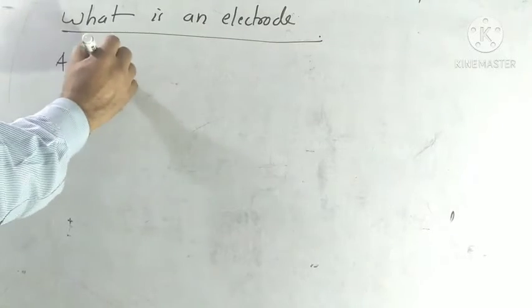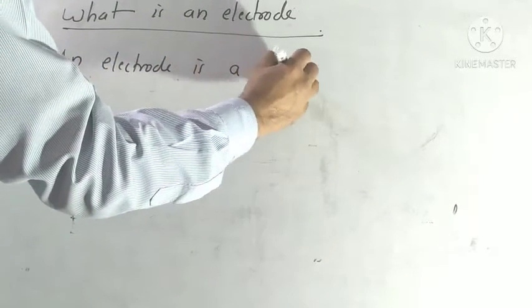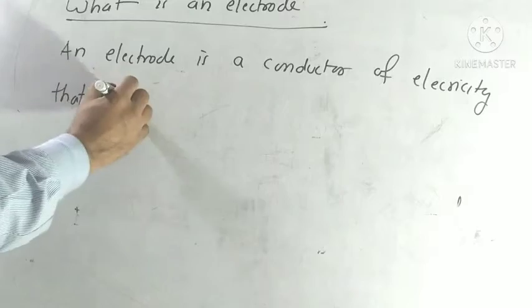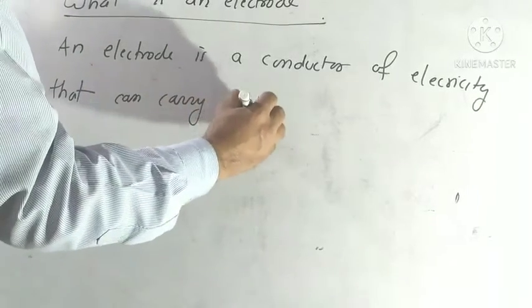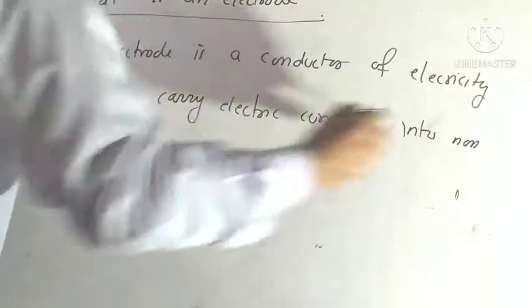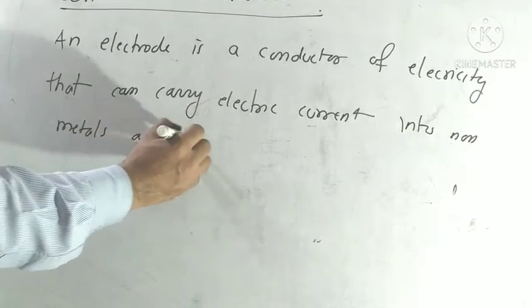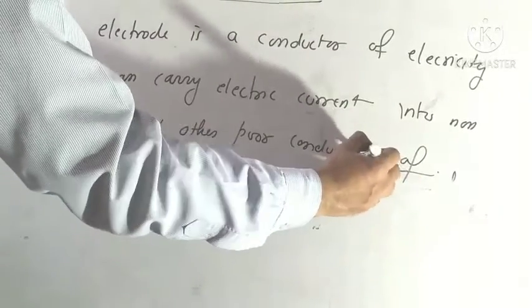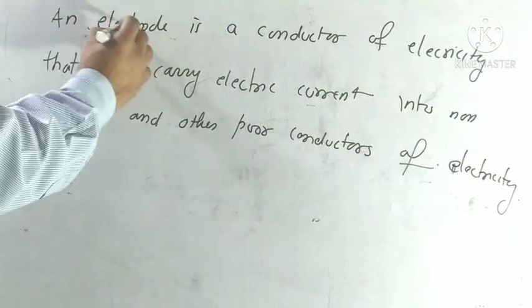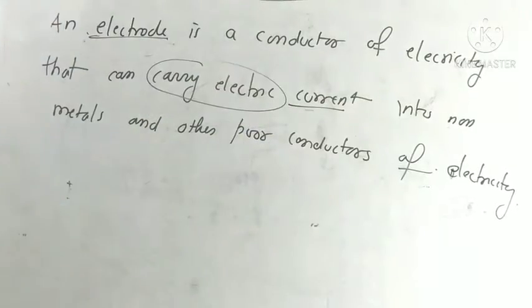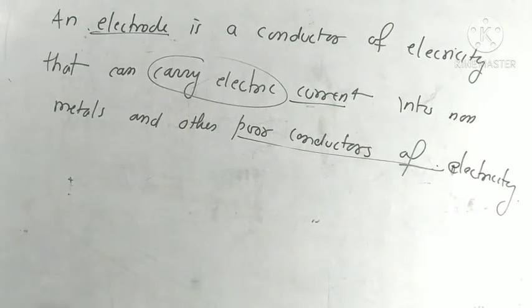An electrode is a conductor of electricity that can carry electric current into non-metals and other poor conductors of electricity.